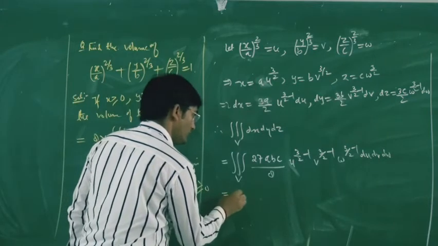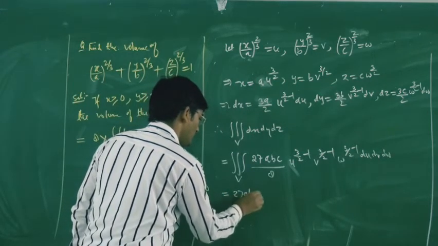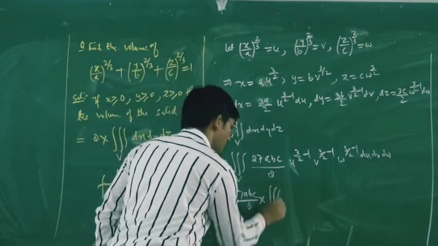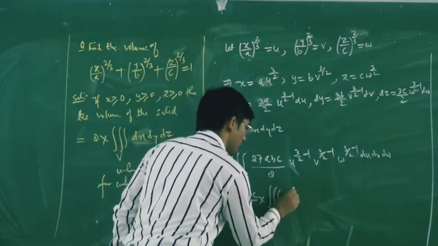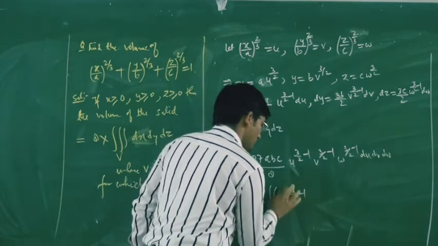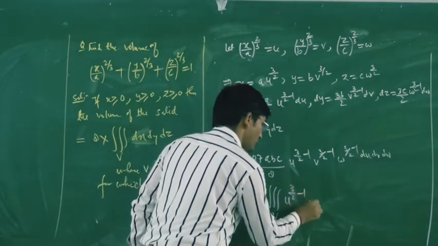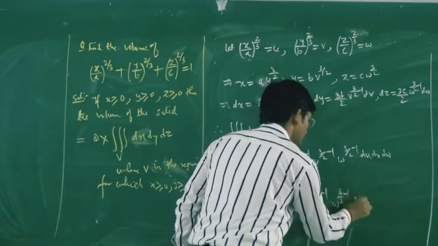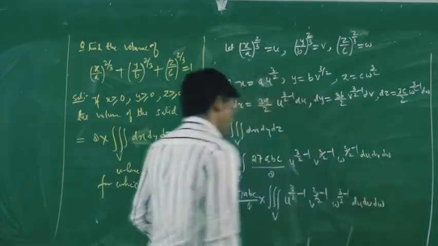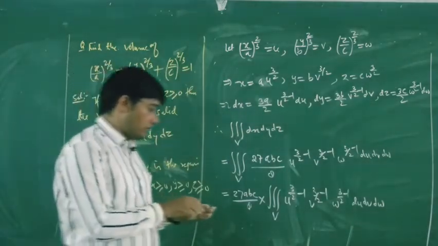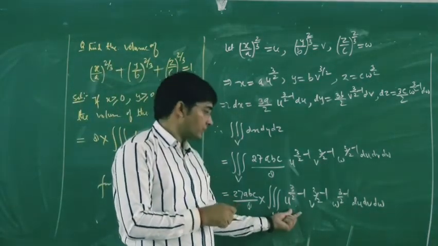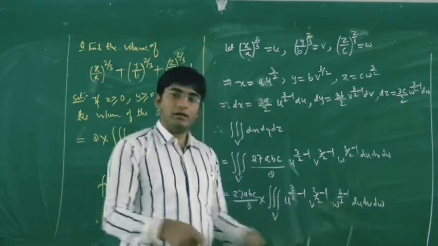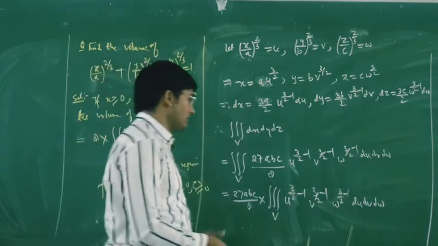So this is equal to 27abc upon 8 into the value of the triple integral. Now with the help of the Dirichlet integral, this is gamma L into gamma M into gamma N divided by gamma L plus M plus N plus 1.